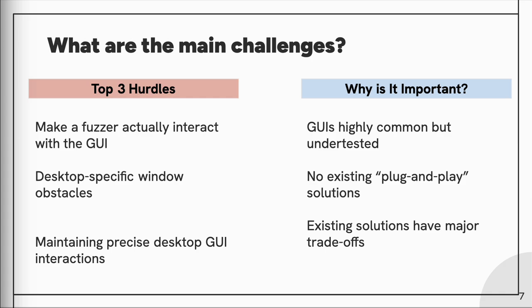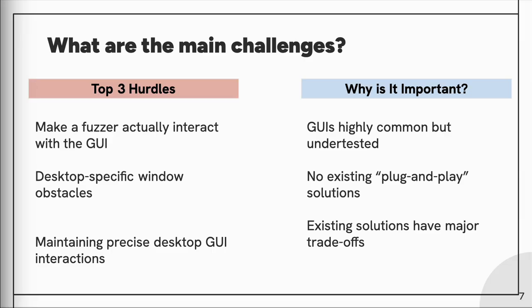So again, GUI fuzzing is important since these are highly complex programs that are used by millions of users daily. And bugs exist across these applications that are very difficult to discover or test, and almost no major attempts have been undertaken to address this understudied area of software testing.